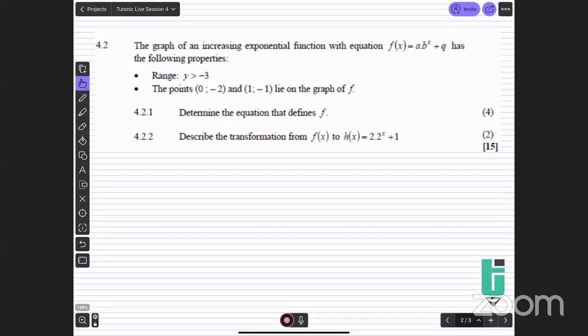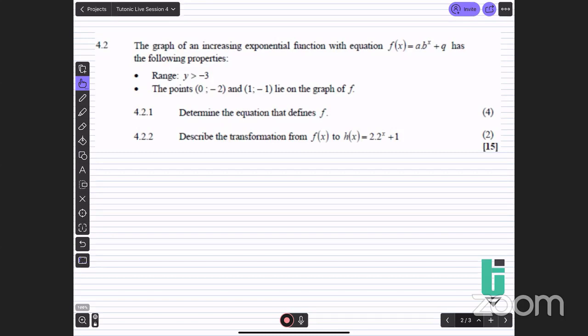So let's say increasing exponential function. Again, there's a concept video on exponential functions that I really want you guys to watch. It's on the section mind map. Basically, there are 4 types of exponential functions. There's the one which goes like that.